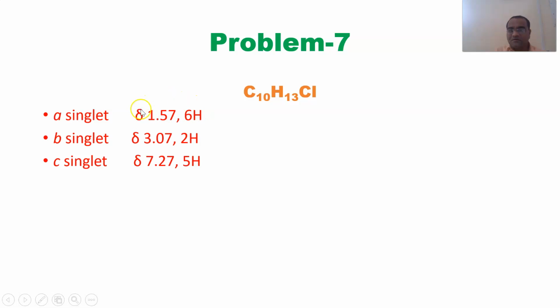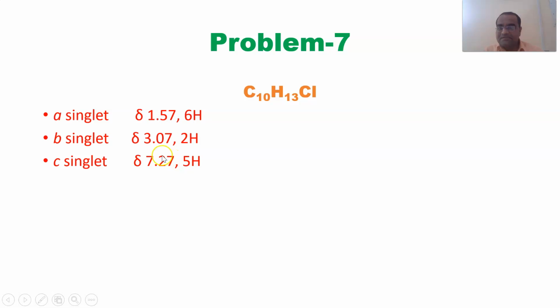From this it has been understood that more than one carbon atom is involved, so it should be branched. After that, singlet 3.07 2H. So it means that these are benzylic protons.